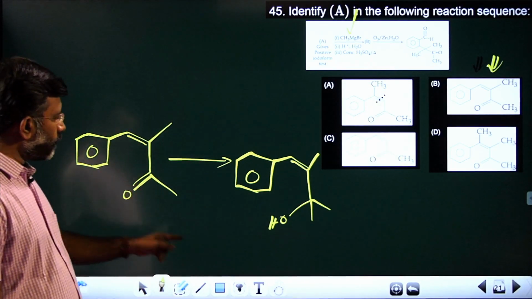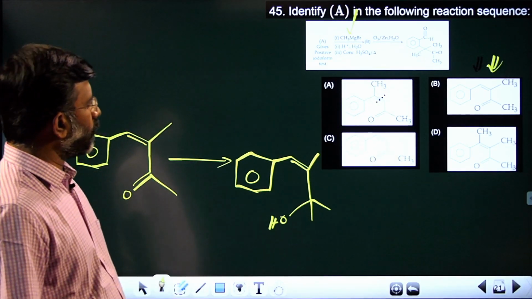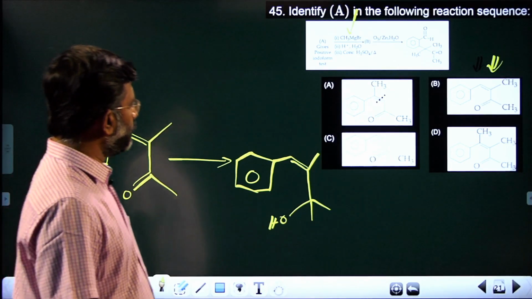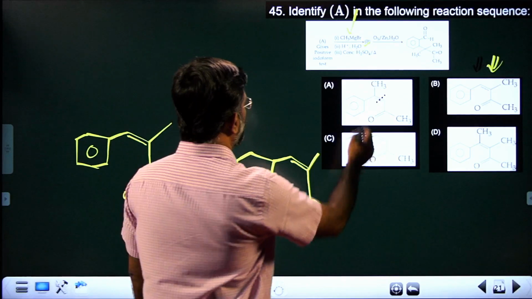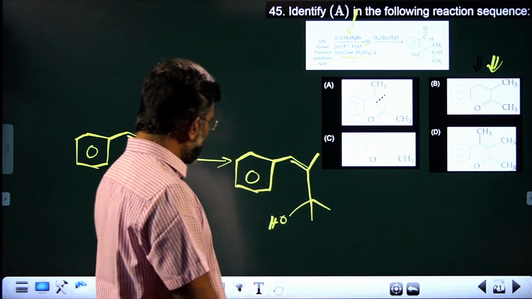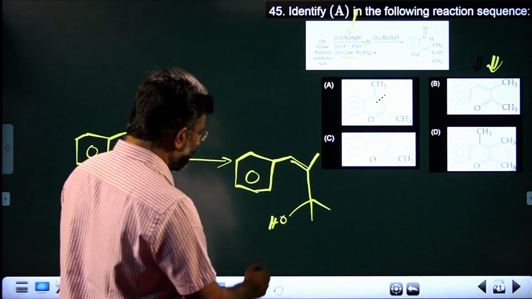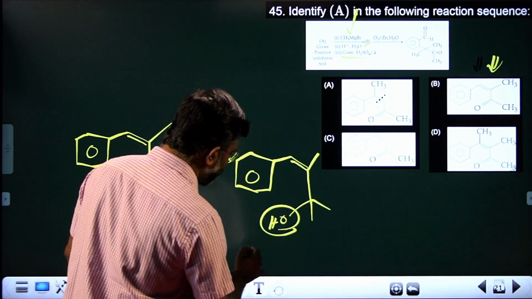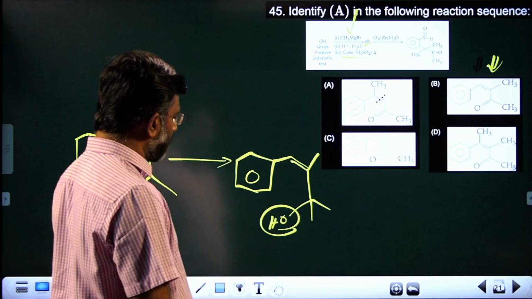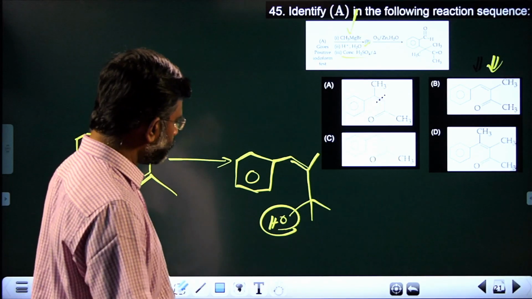A keto group will be converted to a tertiary alcohol. That is treated with the Grignard reagent followed by hydrolysis. Now it is treated with sulfuric acid, and there will be dehydration over this area. This OH group will be converted to OH2 plus and will be removed.